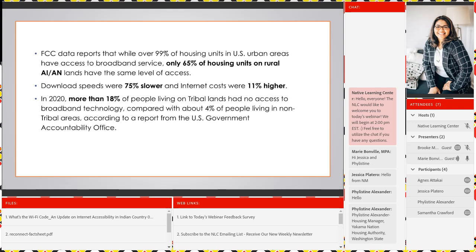Remember where we were in 2020 and the start of the pandemic. And so you can imagine that this digital divide was really impacting so much at the time and continues to do so today, compared with about 4% of people living in non-tribal areas. We have so much work to do.